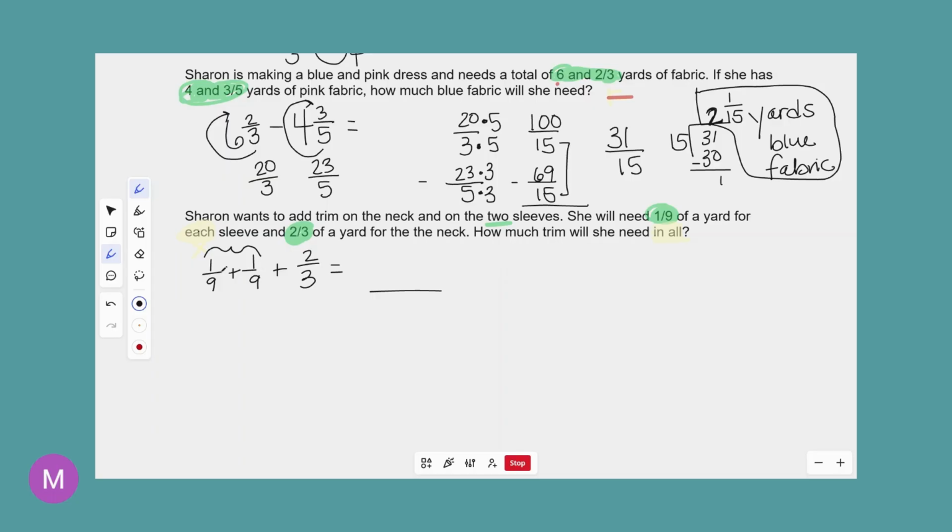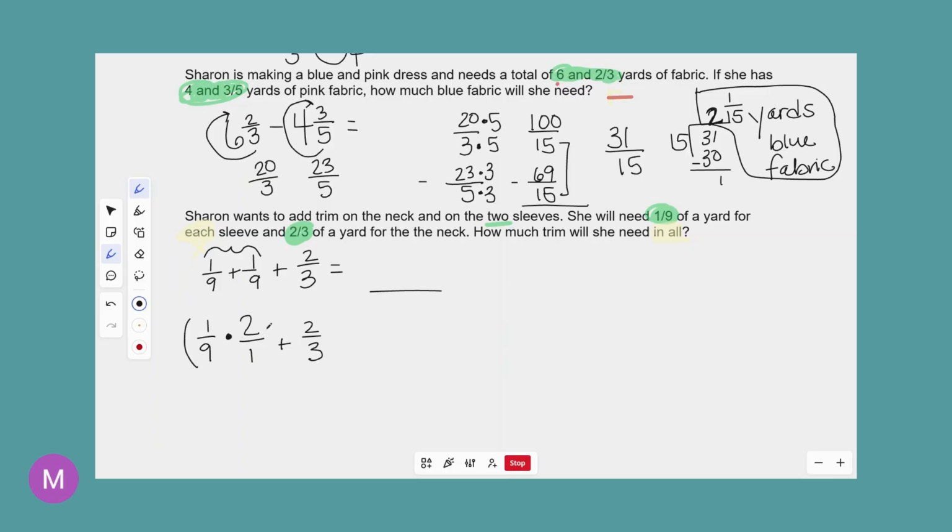The other way you could do this, since these are identical and you're adding 2 of the exact same thing, you could set it up with multiplication. And there's where that 2 comes in. So we have 1/9 times 2, because there's 2 sleeves, plus 2/3. Okay, so I'm going to choose to do it this way here to practice both multiplication and addition.